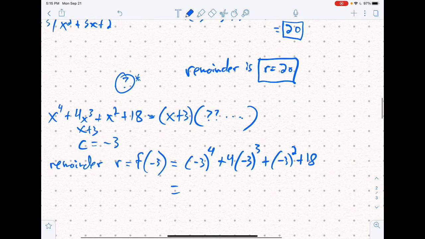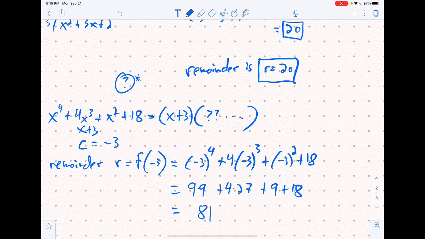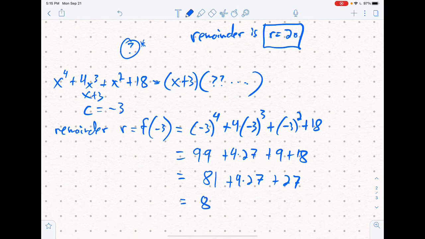I will go ahead and work it out. This was 9 times 9 plus 4 times 27 plus 9 plus 18, which is equal to, let me see, 81 plus 4 times 27 plus 27, which is equal to 81 plus, I'm going to do this arithmetic in the following slightly tricky way.